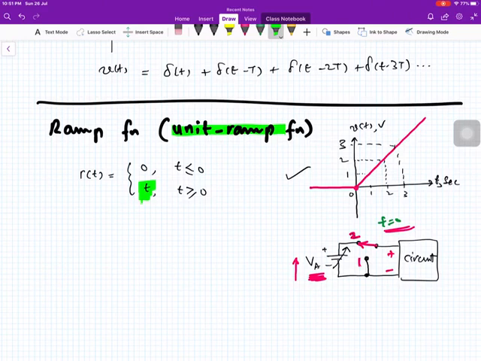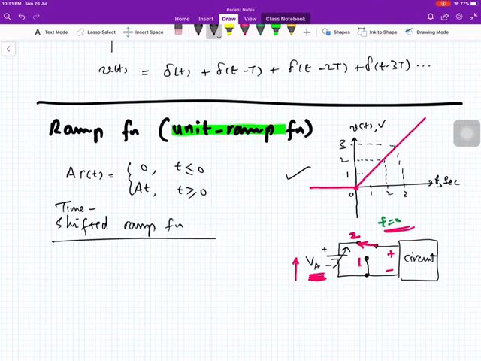Otherwise, we can show the slope over here, say this is A, so we can show it as A r(t). Now we have the time shifted ramp signal or ramp function.